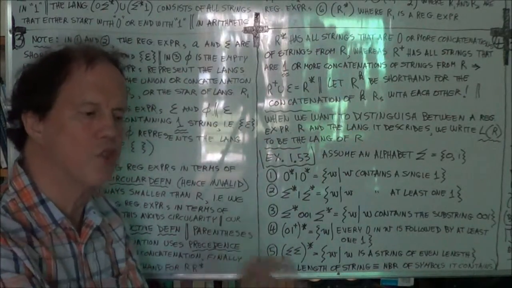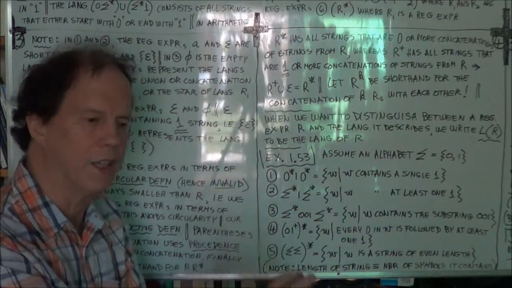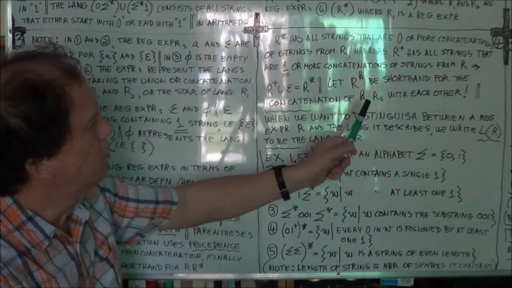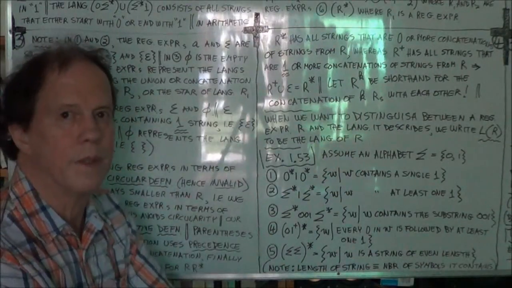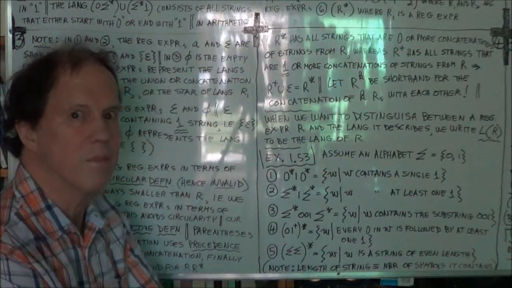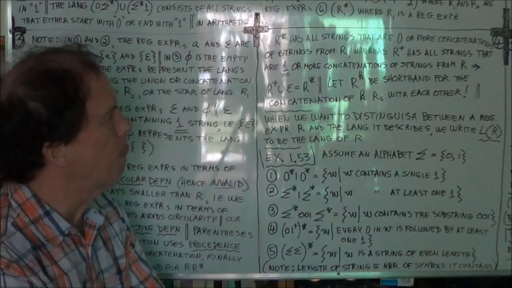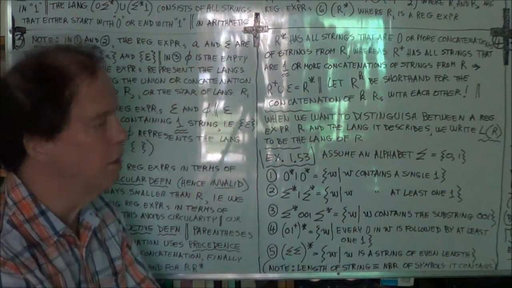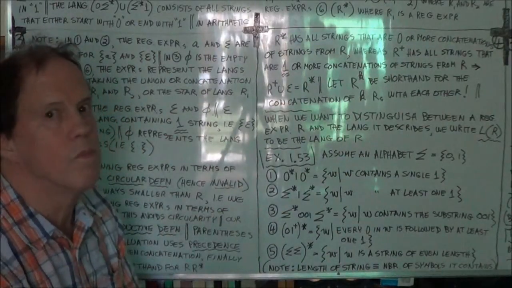In other words, you have K strings in a row in your concatenated string. So you take your R, that's your language, a set of strings, and then you form a concatenated string from K of these strings of R.